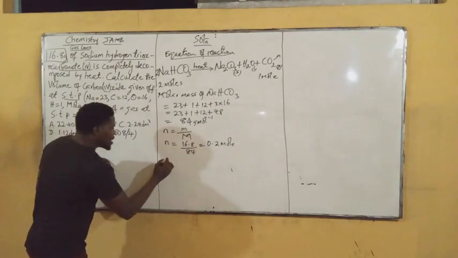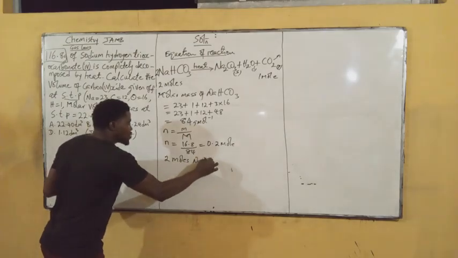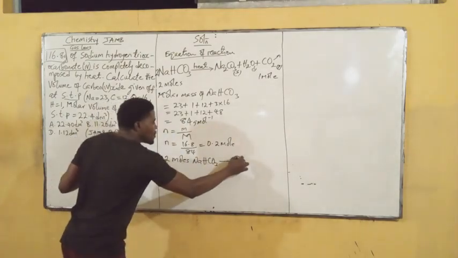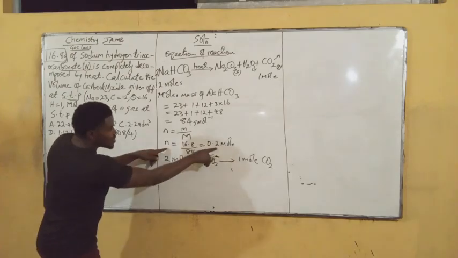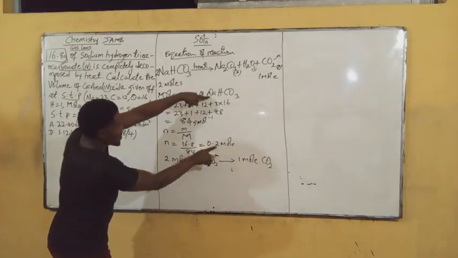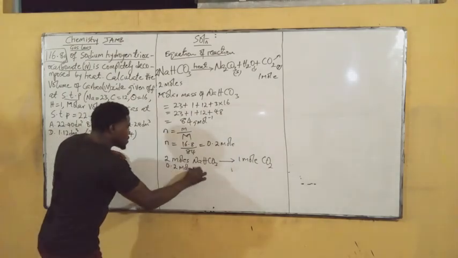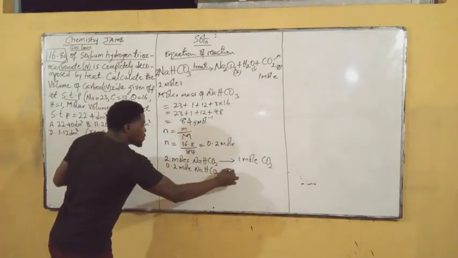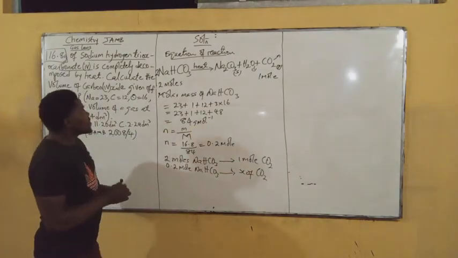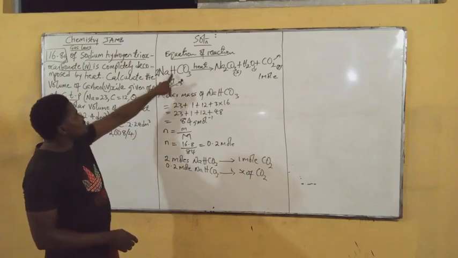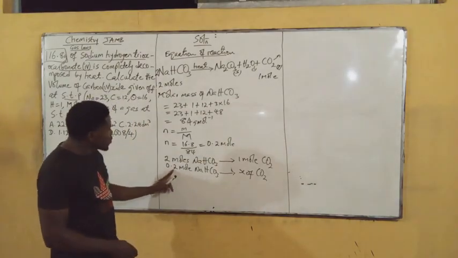Therefore, if 2 moles of sodium hydrogen trioxocarbonate(IV) produce 1 mole of carbon(IV) oxide, what will 0.2 mole produce?